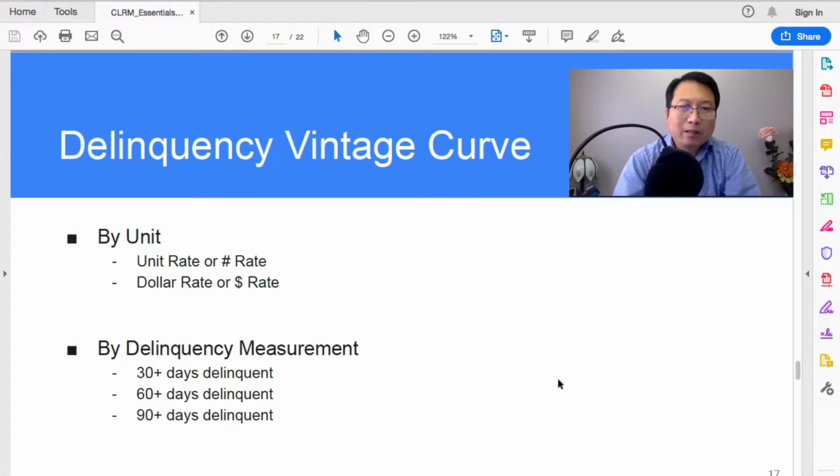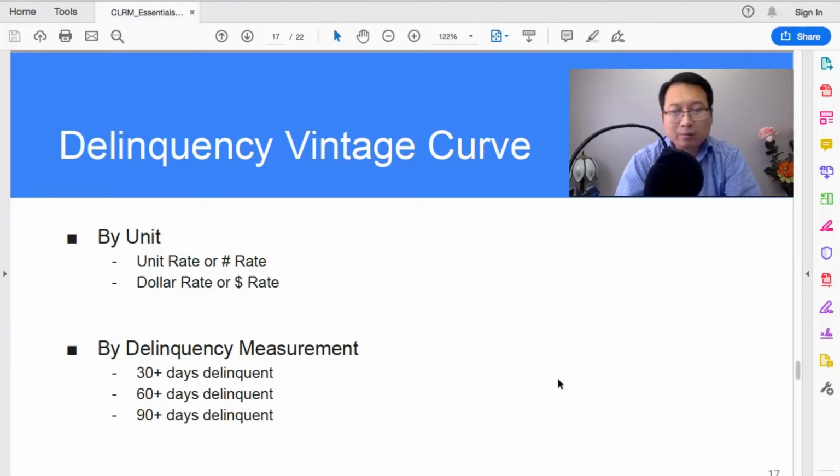Also, by delinquency measurement, you can draw the curves based on 30 plus days delinquent, 60 plus days delinquent, 90 plus days delinquent. When it's very early on, when delinquency just surfaces, you can look at 30 plus days delinquent.